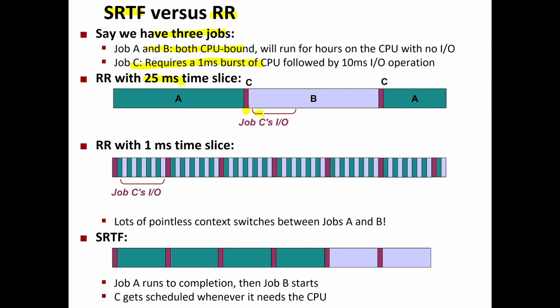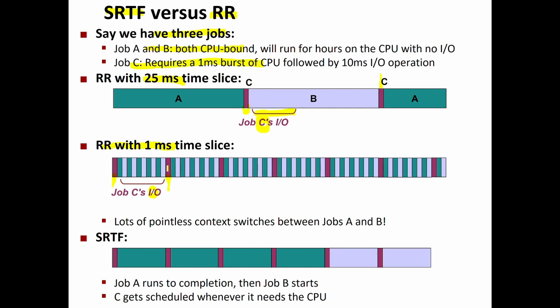During this time, C will be doing its IO, but it will not be able to get the CPU until here, and so on. So it will make our C less interactive, and it is responsible for delay. Now, if I make round robin with a 1 millisecond time slice, then when C's IO is done, it will still be able to get the CPU fast.